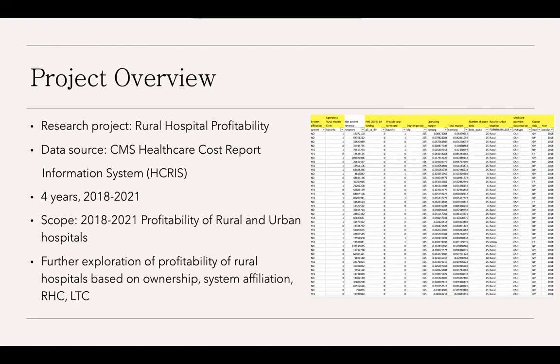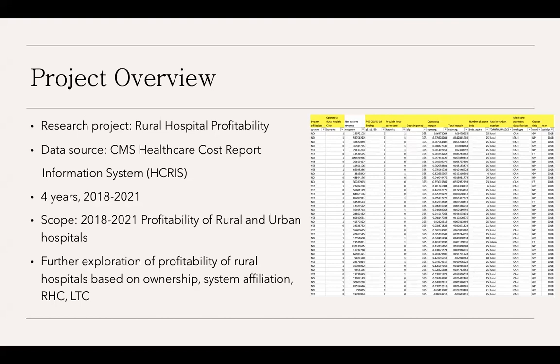So this is the project overview. I was mainly focused on rural hospital profitability. The data that we used was sourced from the CMS Healthcare Cost Report Information System. I received this data set from another member working at the Sheps Center called Anne.